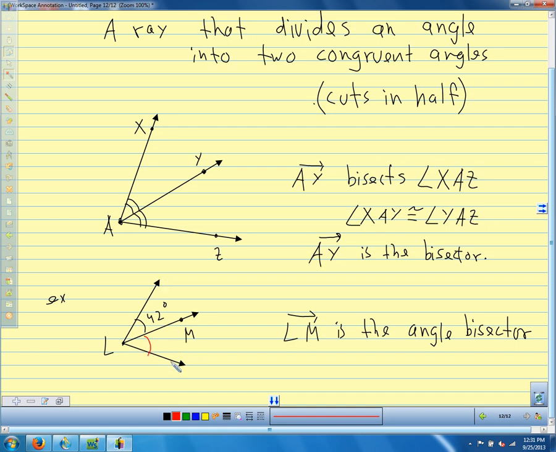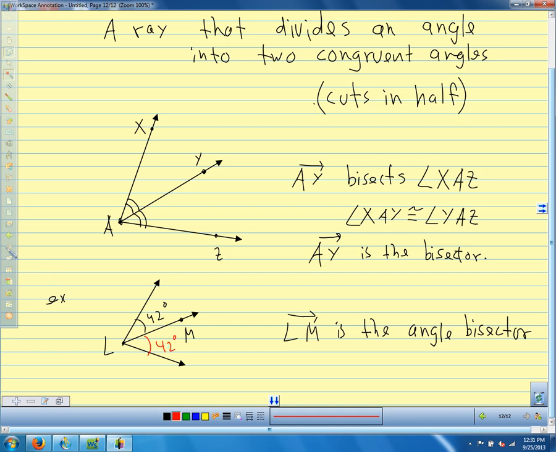What does this other angle have to be? 42. It divides it into two equal pieces. Bisect means cut in half, so each piece has to be the same. So just like we did with segments, if we had some kind of algebra problem that had to do with the angle bisector, the two pieces would be equal. So if we had x's in here with this equals this, that's how we would solve that problem.